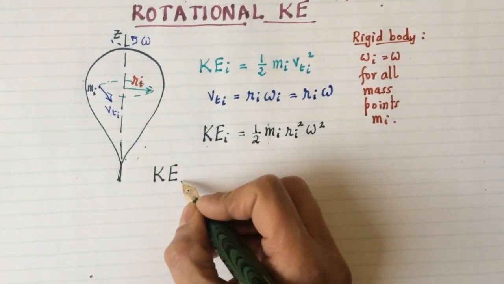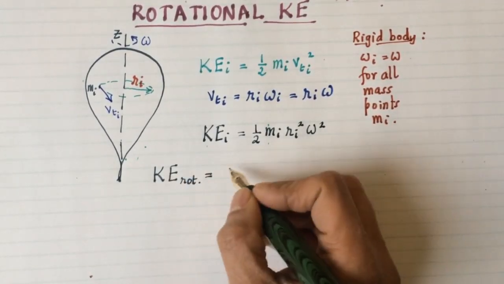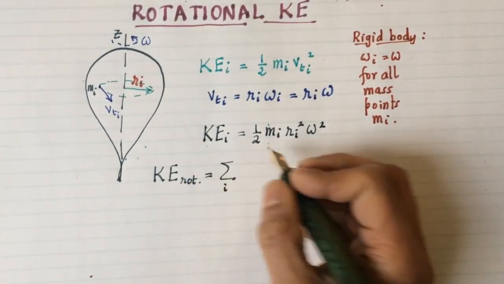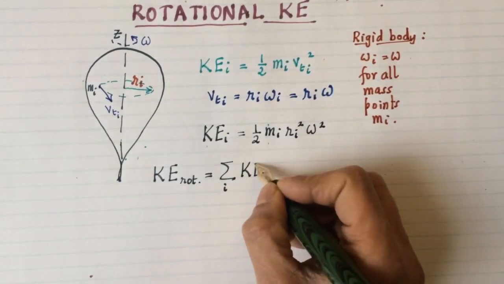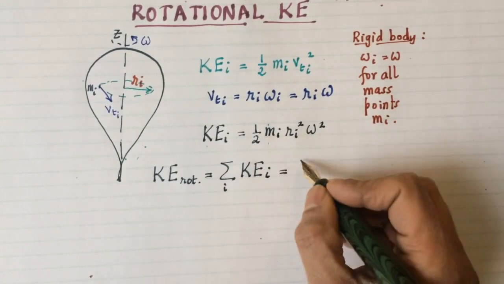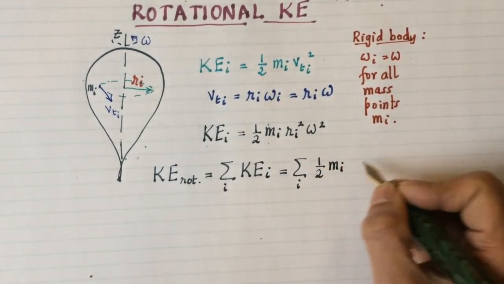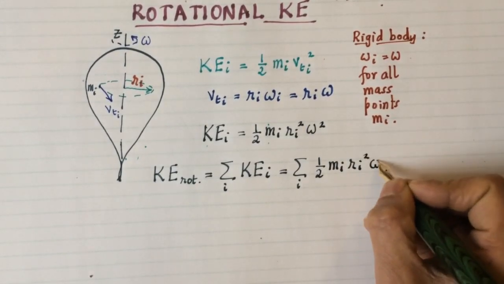So I'll call the kinetic energy of the entire rigid body the rotational kinetic energy, KE rot, and that is going to be the sum over all the mass points, KE_i. Now when I perform the summation, let me just write it out first. It's going to be 1/2 m_i r_i squared omega squared.